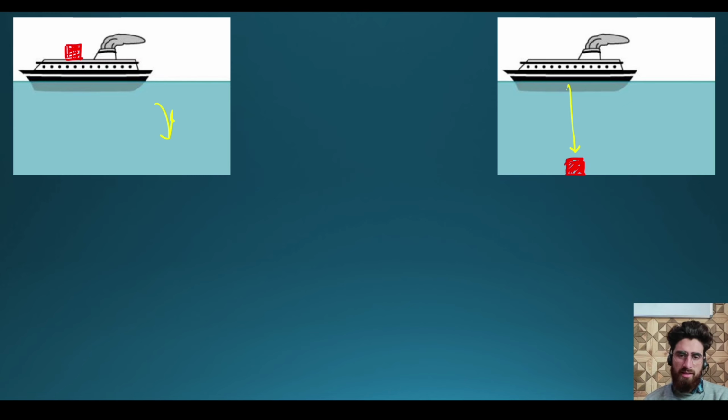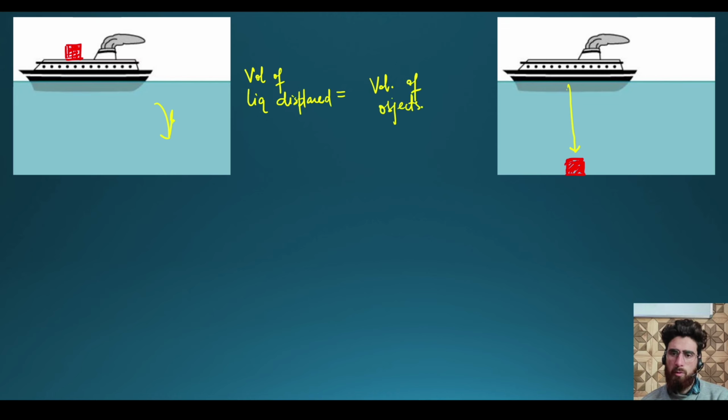So here in this part, we are going to use the formula that the volume of liquid displaced is equal to the volume of the object, or the volume of the immersed part of the object in case it's floating.